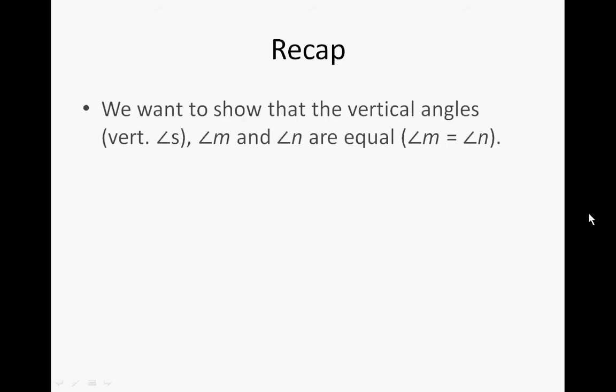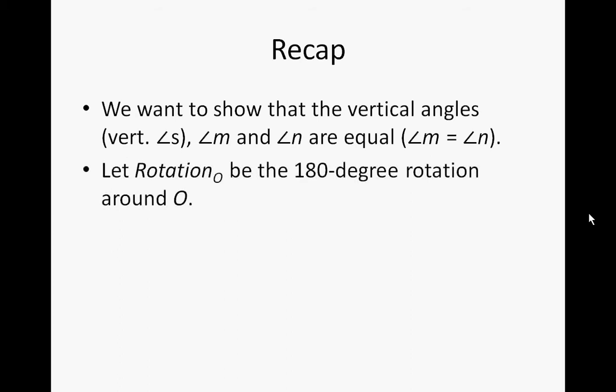So let's go ahead and recap. We want to show that the vertical angles M and N are equal, which we just did visually. So we let rotation around O be the 180 degree rotation around O. So we're defining our rotation.